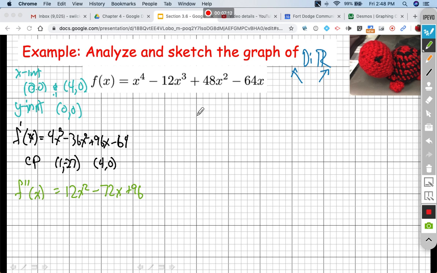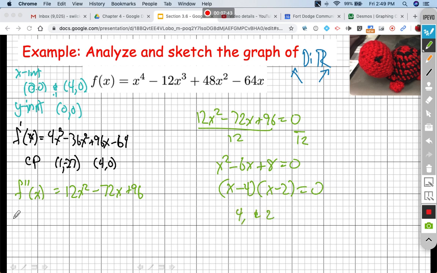So I say 12x squared minus 72x plus 96 equals 0. These are all multiples of 12, so let's get rid of that. x squared minus 6x plus 8 equals 0. So that's x minus 4 times x minus 2. So I have 4 and 2.